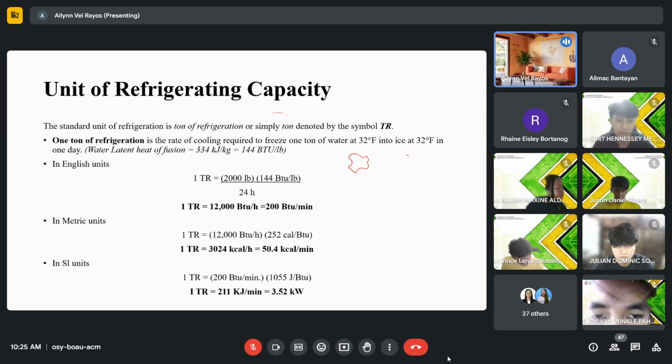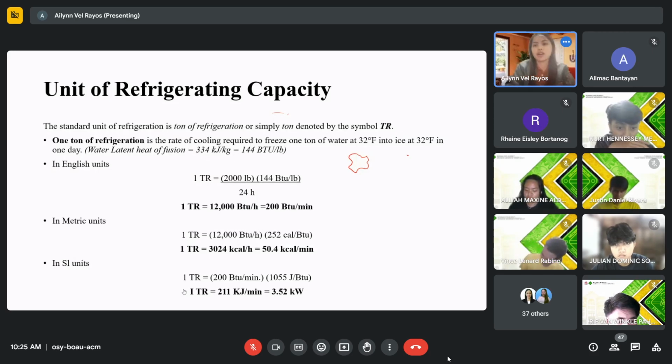Okay. So, again, na-discuss nyo ba sa heat transfer yung amount of heat or paano ma-compute yung amount of heat in order to freeze water? In this case, ano yung amount of heat in order to convert natin?